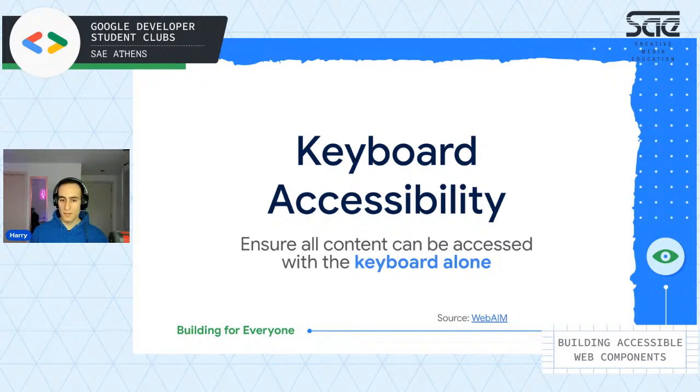They definitely have a pointer device at their disposal, but they might just choose to use the keyboard. And that goes, of course, for everyone that is not able to use a pointer device. So keyboard accessibility is, again, a very strong basic feature to have in any website, and think about it while developing something.